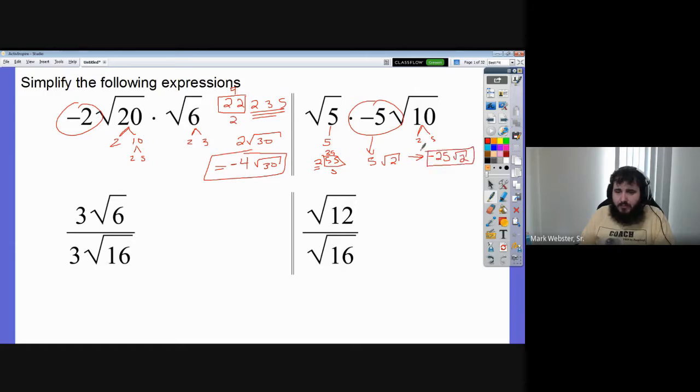All right? Pretty simple. Don't try and squish stuff together because it's gonna be a pain in the butt because then you're gonna have to undo it anyway.